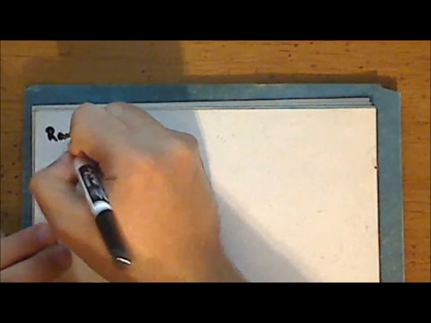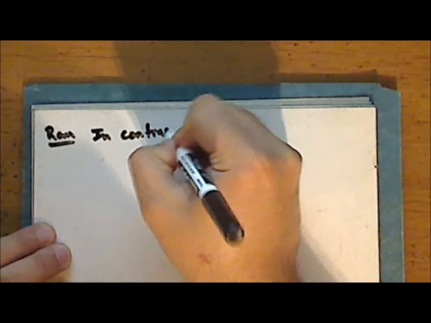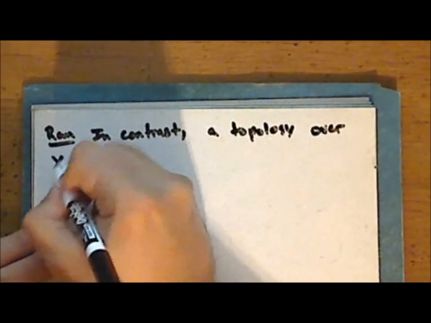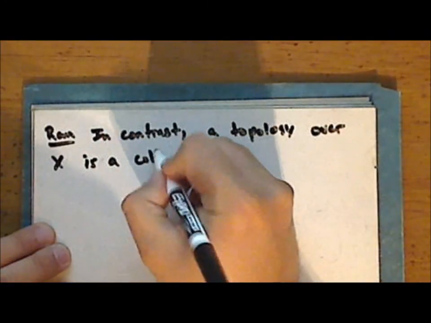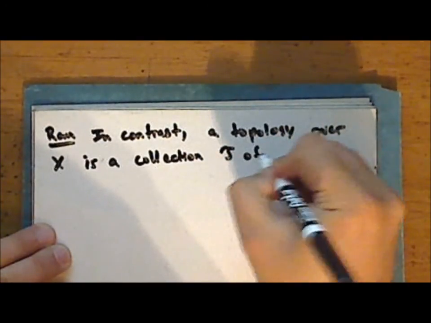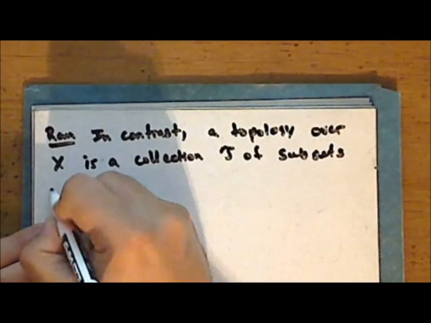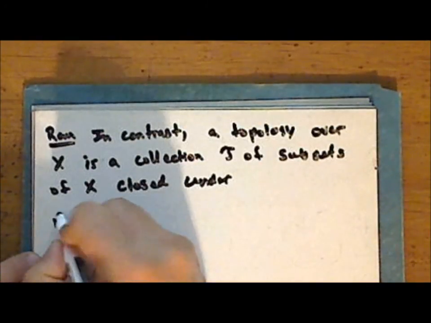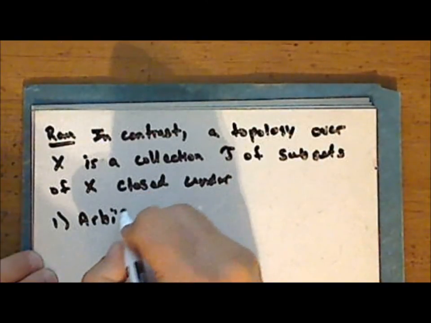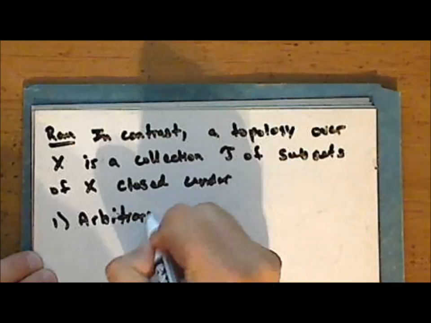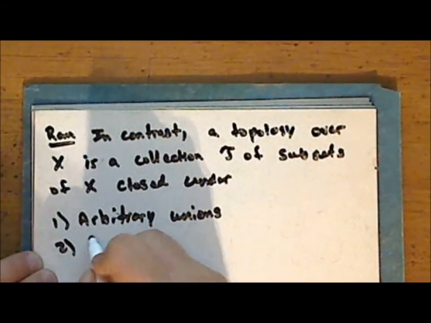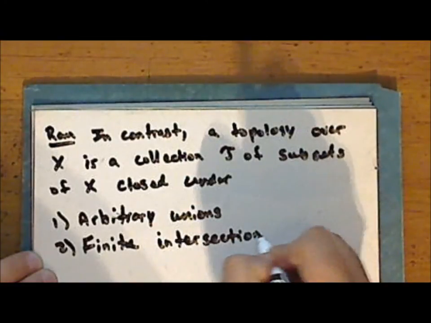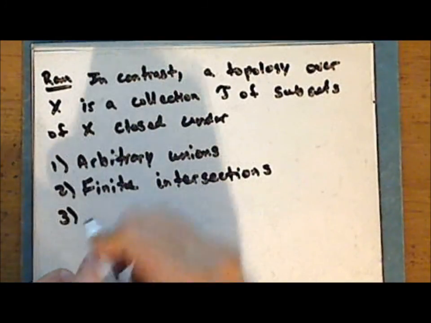Now, in contrast, a topology over the set X is a collection tau of subsets of X which is closed under arbitrary unions, finite intersections, and complements of what we call closed sets.